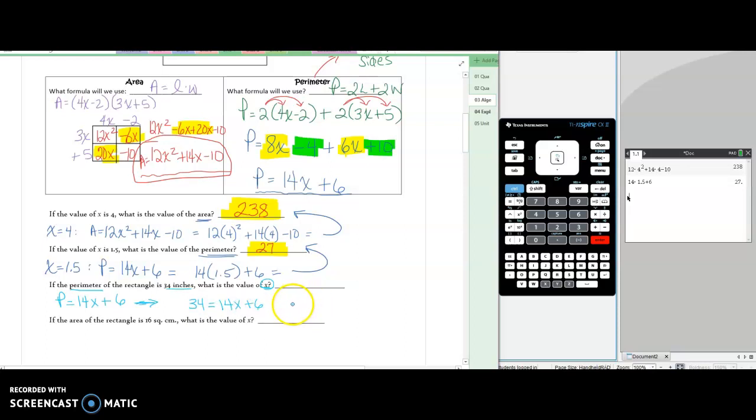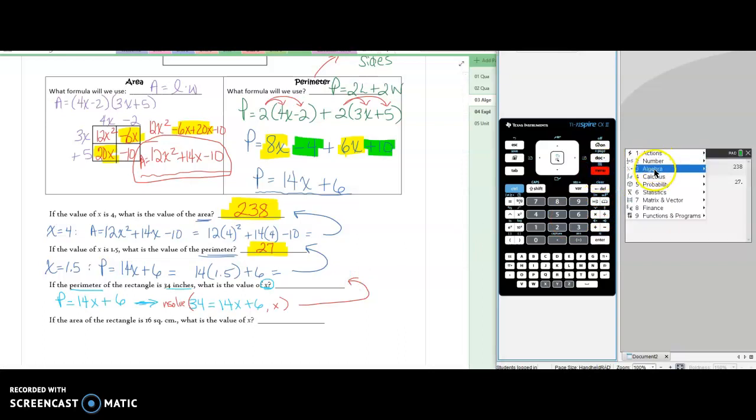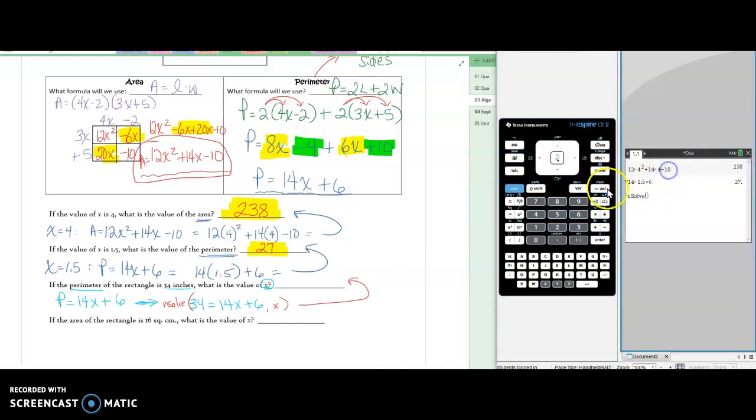Ooh, let's use nSolve, y'all. Let's put nSolve. I'm just going to make a different color here. And then we're going to do comma x. Let's use our calculator and see what we come up with. So in our calculator, we're going to do menu, algebra, numerical solve.